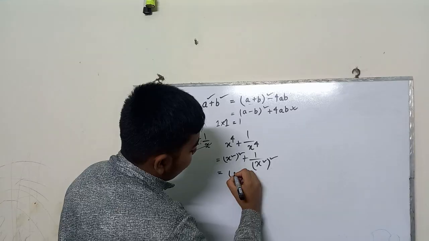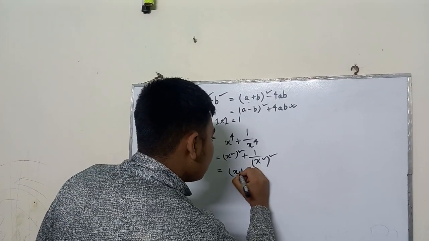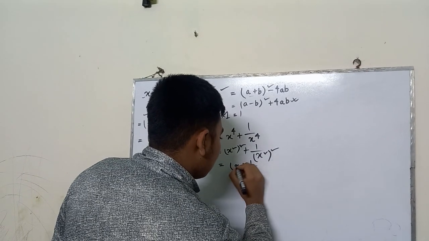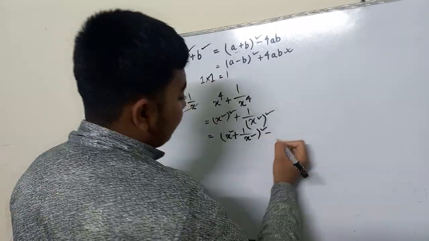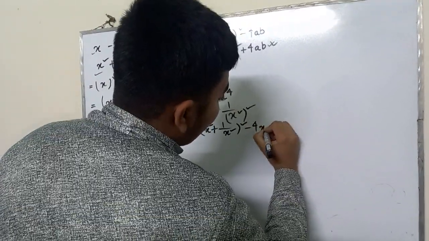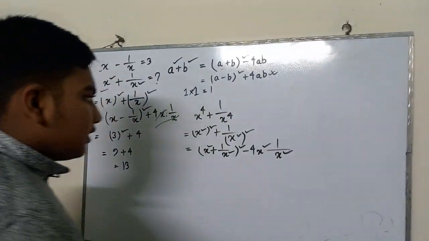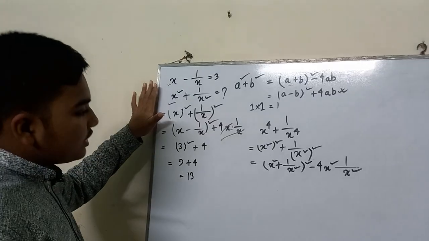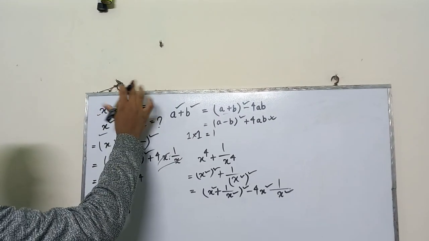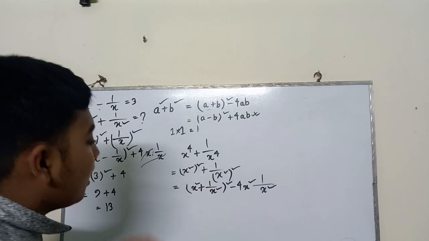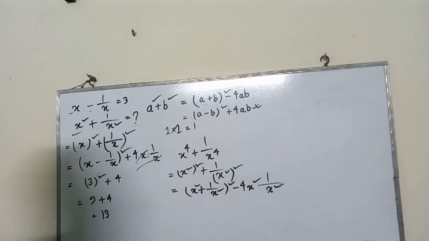Means, now x, but in this math, if you see, if we use this one, 1 by x square, and then a whole square minus 2 x square by 1 by x square. Actually, when the question will become like this, must become like this. This will be plus in this kind of question. If it doesn't come, then the rule goes to another question.